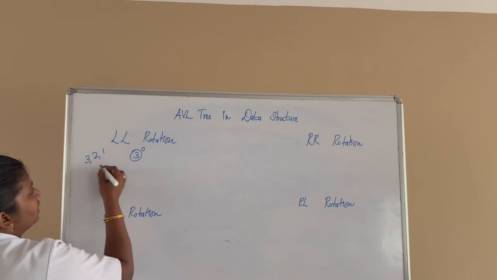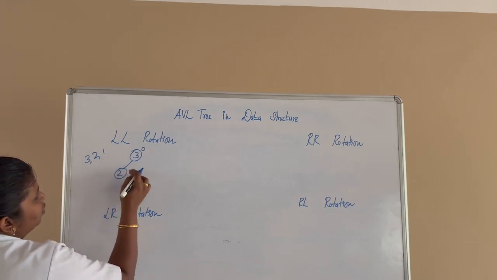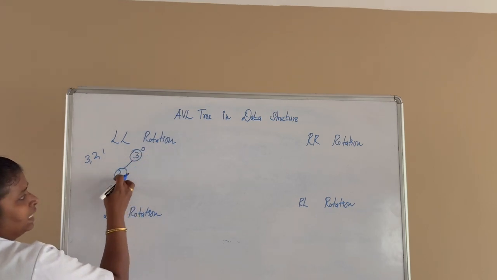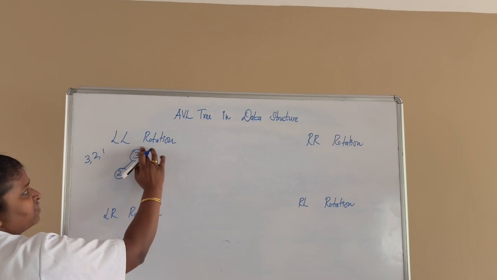Then the value 2 is less than 3, so it comes to the left subtree. Here we calculate the balance factor once again.